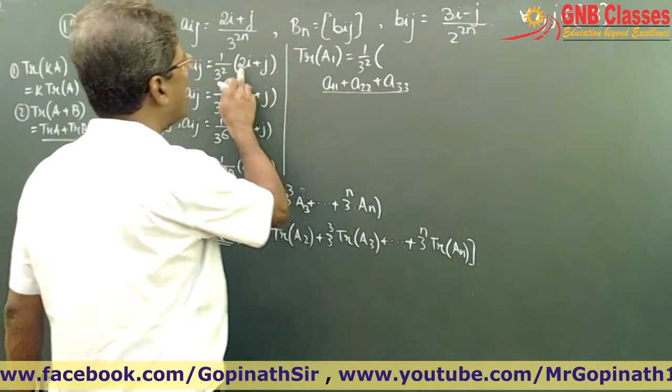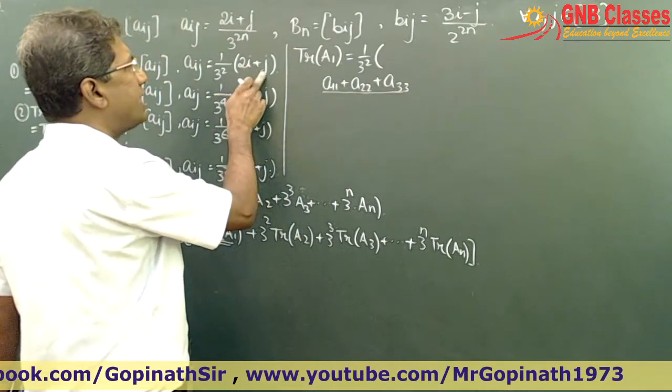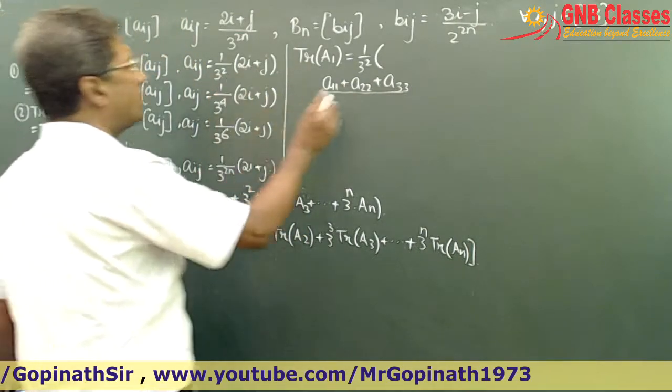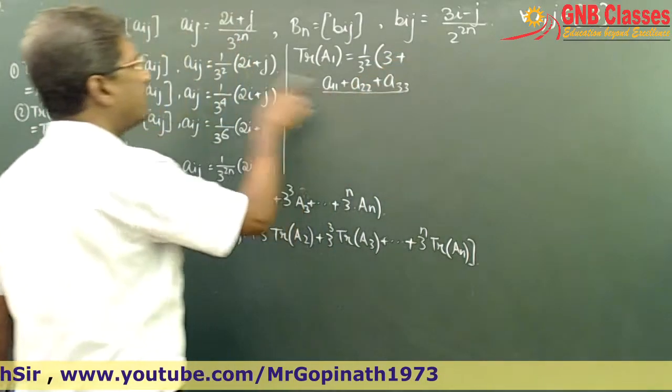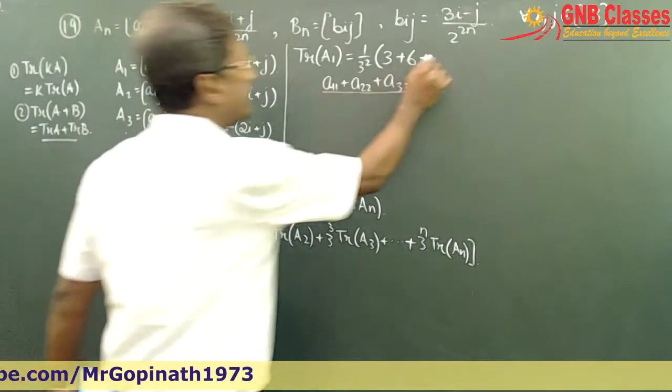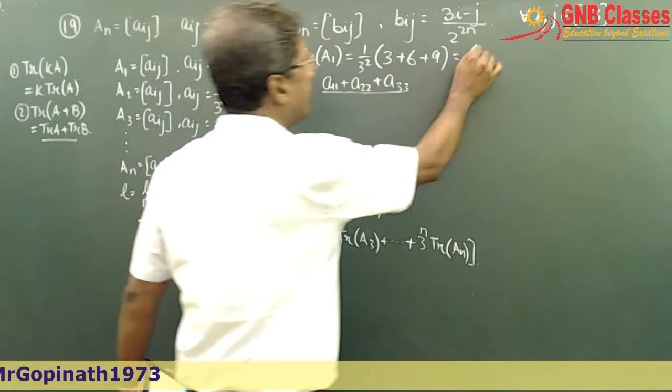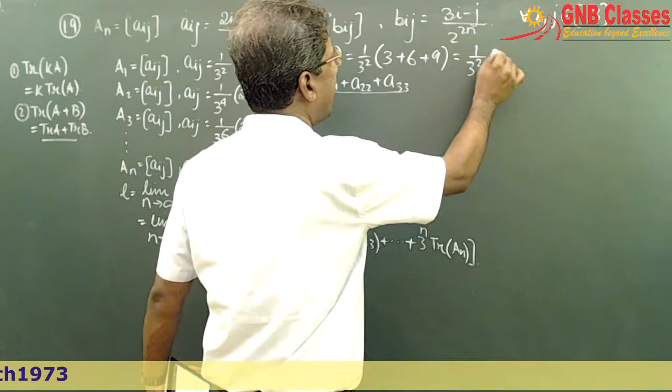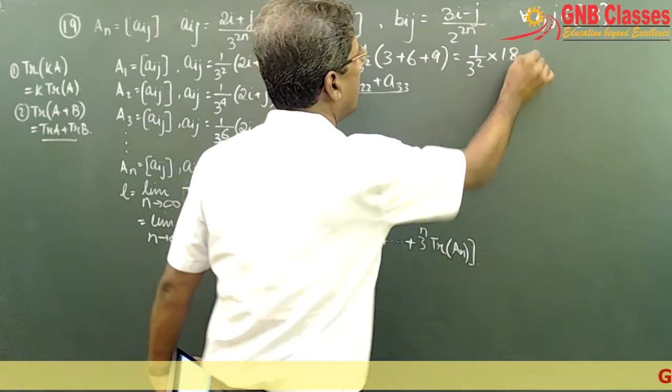So in this case, if I take i as 1, j as 1 for A1, what are we going to get? Here 3, then if I put 2 it's 6, and if I put 3 it is 9. So it is coming like 1 by 3 square into 18.